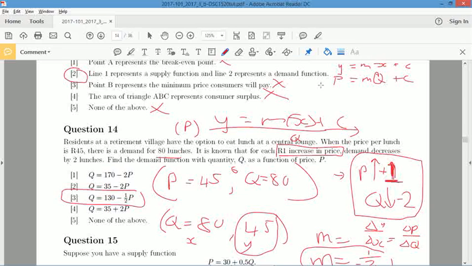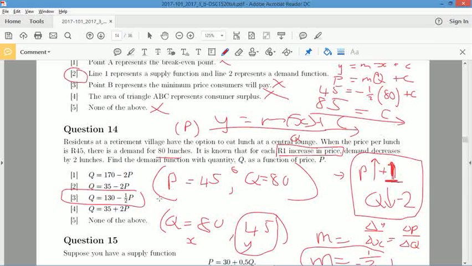So the price was 45 equals, the m was minus a half, open brackets, the q was 80, close brackets, plus c. Then just solve for c. Let's check. 80 times negative 0.5 is minus 40. Minus 40 goes to the left, becomes plus 40. So 40 plus 45 gives you 85.